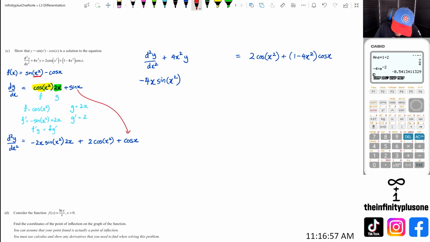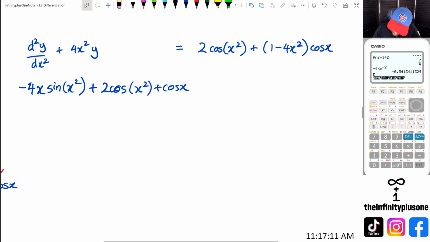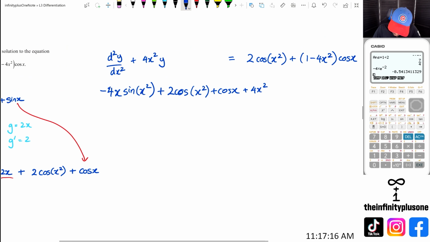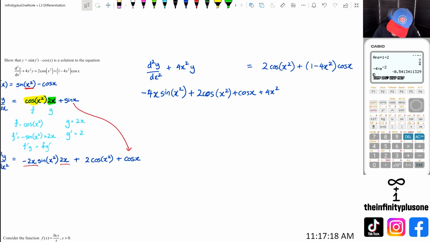The reason I got 4x squared is from that, negative 2x times 2x. Then I've got plus 2 cos x squared plus cos x. And then I've got plus 4x squared y. Now y is equal to, I'm going to get y from here, which is sine x squared minus cos x.